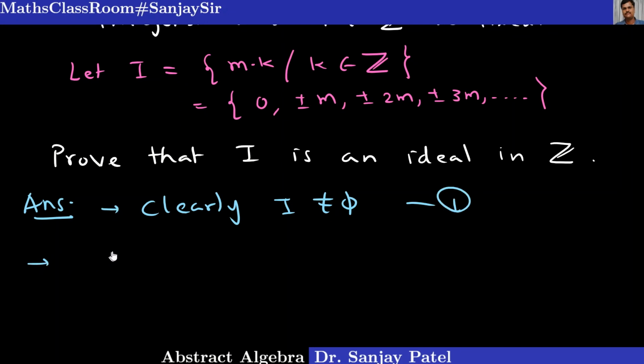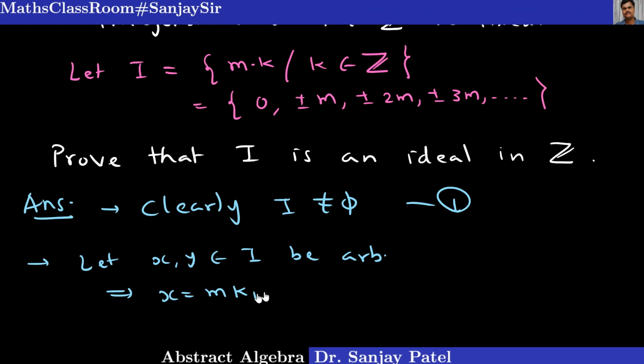Second thing is I have to show it is a subgroup. Let us take two elements, say x and y belonging to I, arbitrary. As x belongs to I, x is of the form m into k1, because all elements of I are of the form m into some integer; they are all multiples of m.